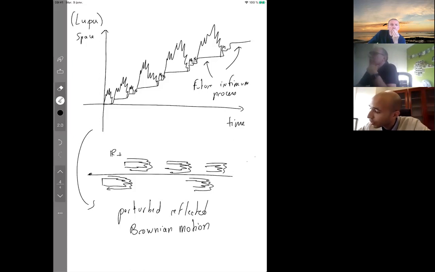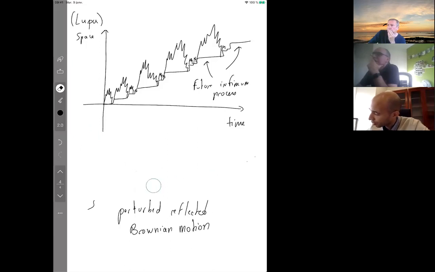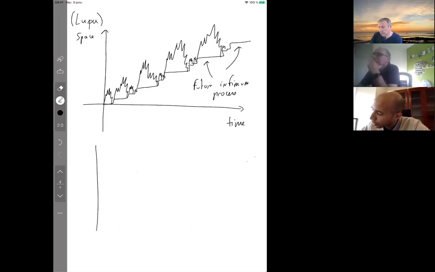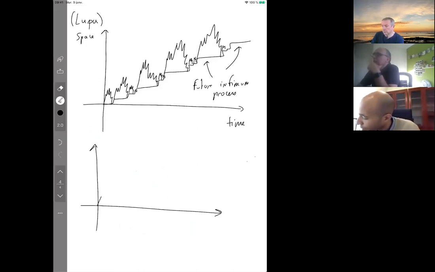Okay, so when you have a process, all right, let's say I start with my process. Actually, it is the perturbed reflected Brownian motion. You can construct it in terms of a reflected Brownian motion plus local time, but I don't want to go into that. It's just a process, and this process will go to infinity.